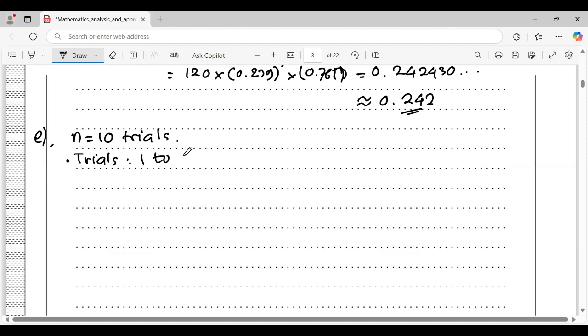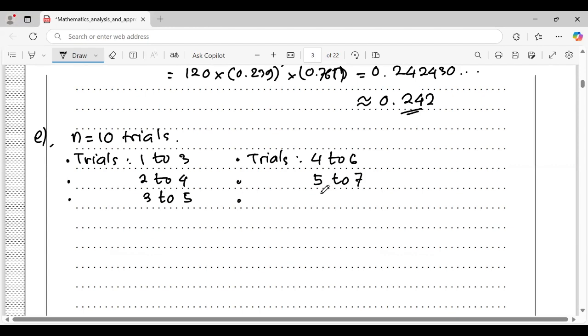For 10 trials, the first is trials 1, 2, 3. The second is 2, 3, 4. The third is 3, 4, 5. The fourth is 4, 5, 6. The fifth is 5 to 7.